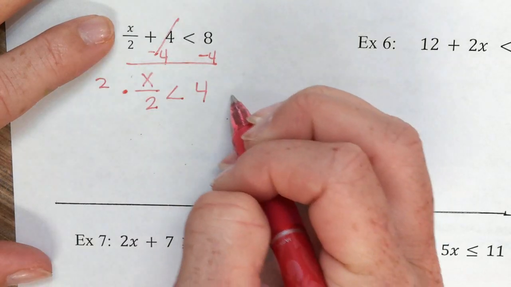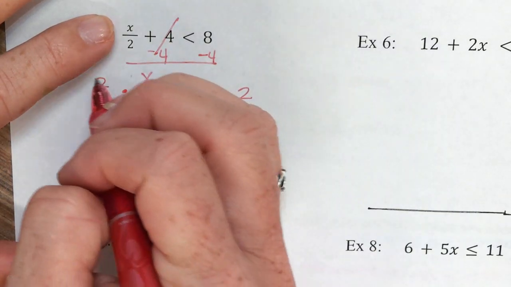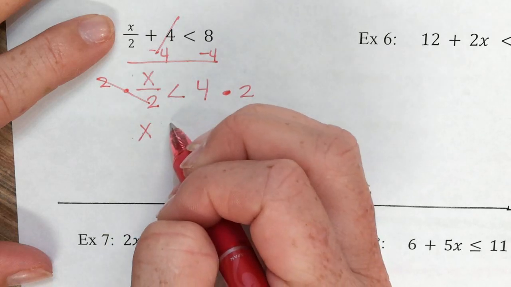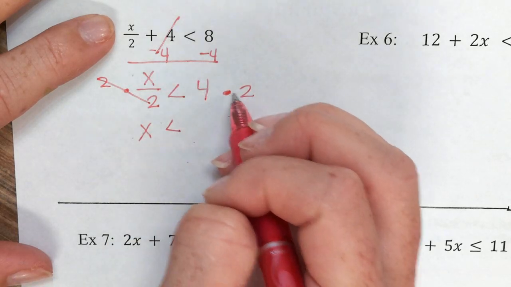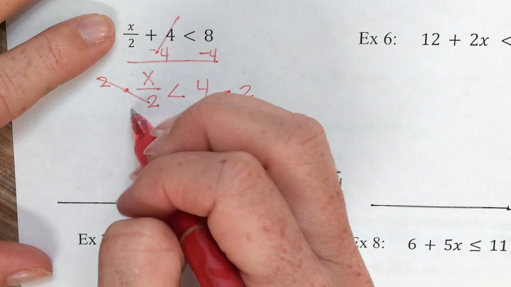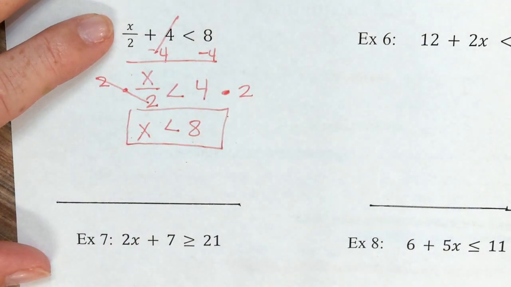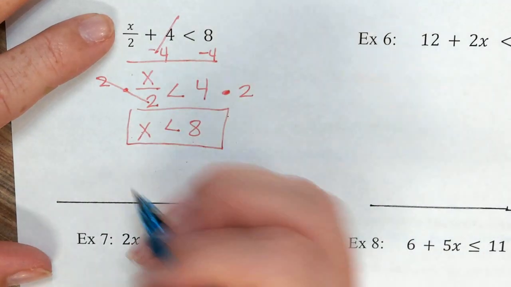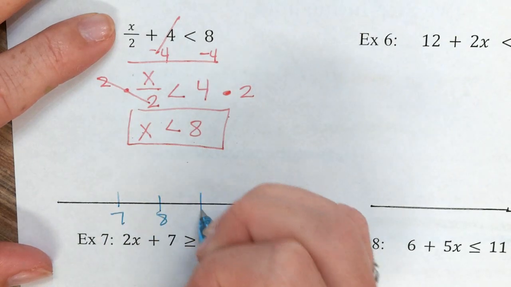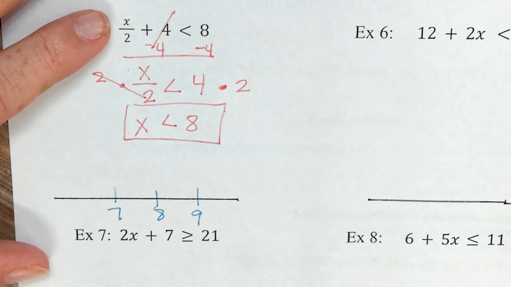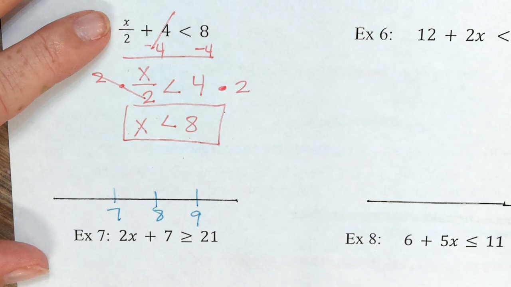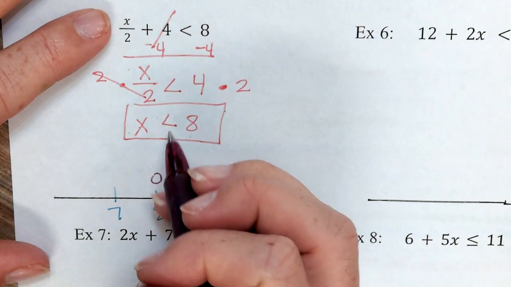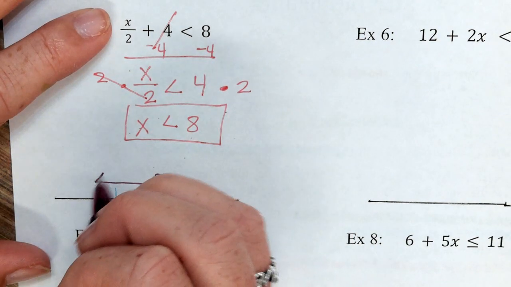Multiply by 2. Whatever I do to the left, I have to do to the right. I'm left with x is less than 4 times 2, which is 8. So here's 7, here's 8, here's 9. What kind of circle is this going to get? Open. And which way would it go? Left.